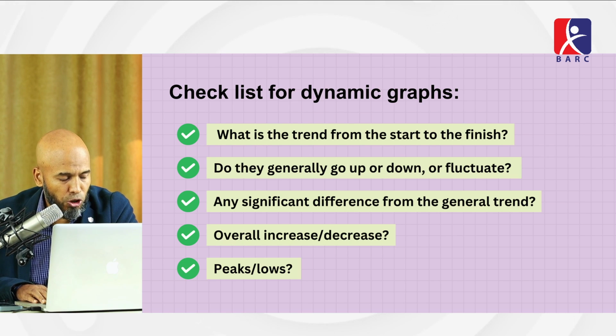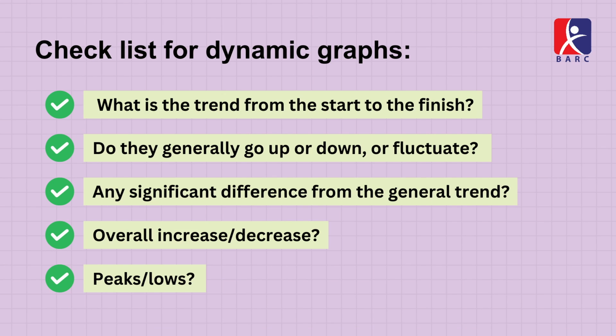Awesome. So there is a checklist for the dynamic graphs. When we are looking at the dynamic graphs, we should be looking out for the trend from the start to the finish. Do they generally go up or down, or do they fluctuate?